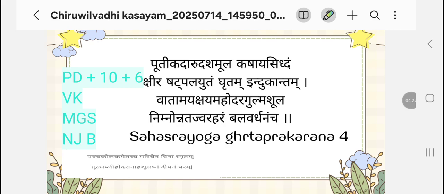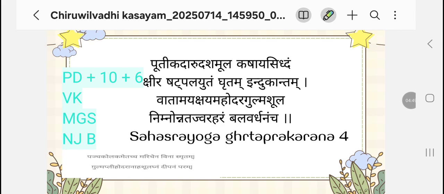By this, we are removing the Leena Dosha from the Srotas, so it will act as Nimnottara Jwaraharam. And by removing this, the Jwara will gradually subside, and it will promote the Bala, Balavardhanam, by giving Poshanam as it increases the digestive gastric fire also.